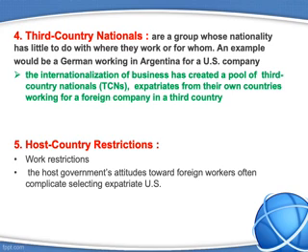Third country nationals are a group whose nationality has little to do with where they work or for whom. An example to clarify the meaning would be a German working in Argentina for a US company.